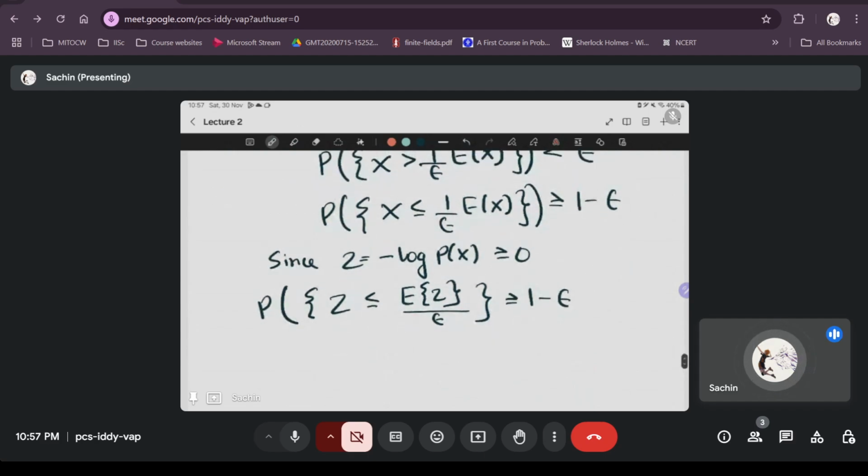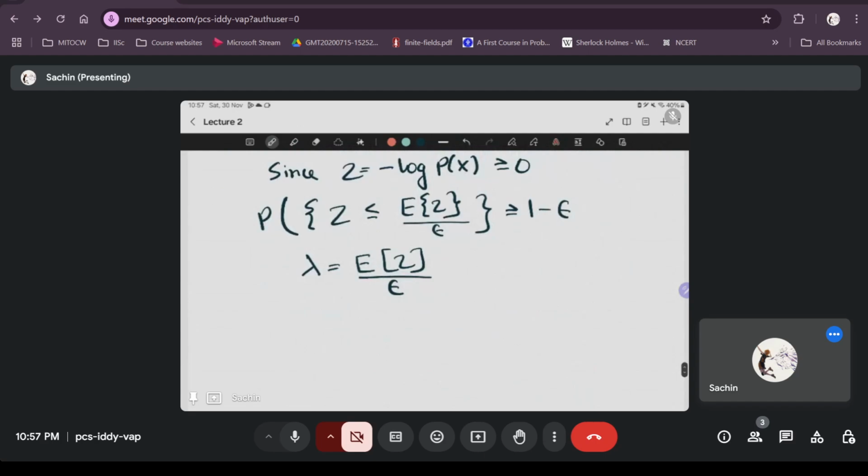Then we choose the threshold lambda such that lambda is equal to E of z by epsilon. Then that will turn this to p of z less than or equal to lambda is greater than or equal to 1 minus epsilon.